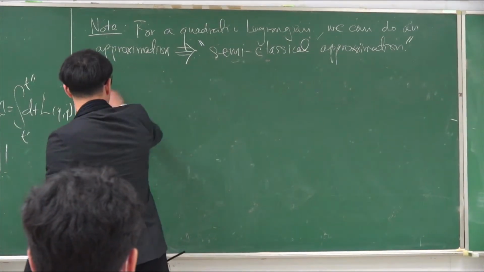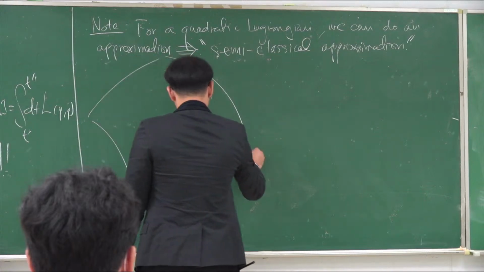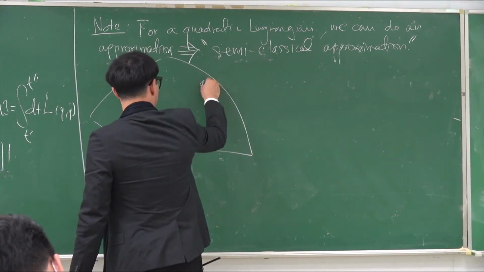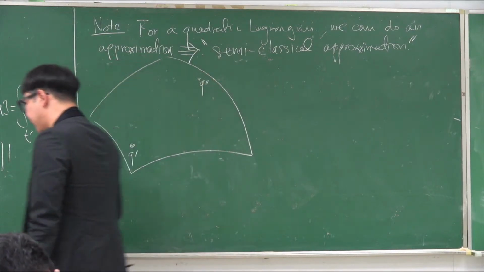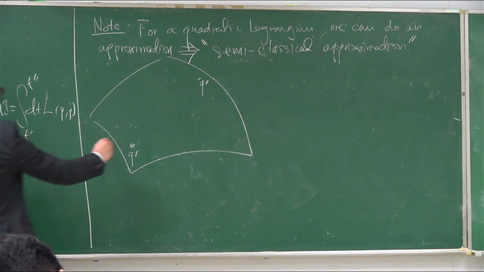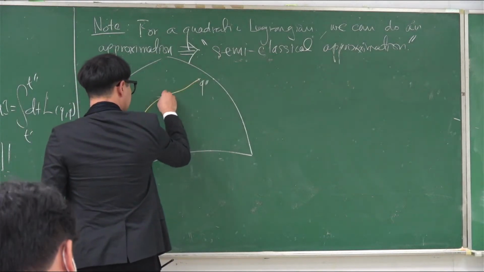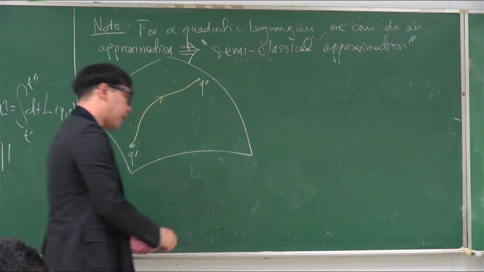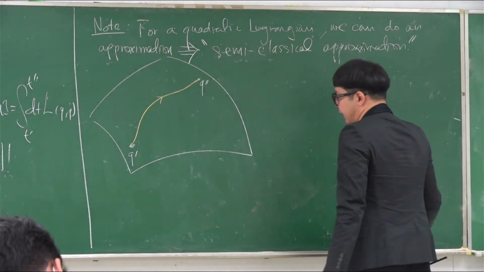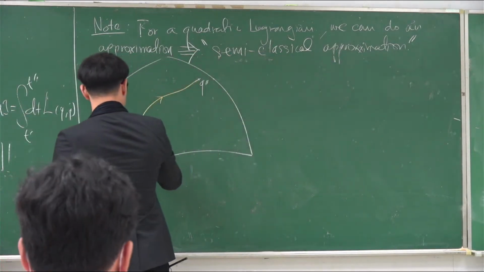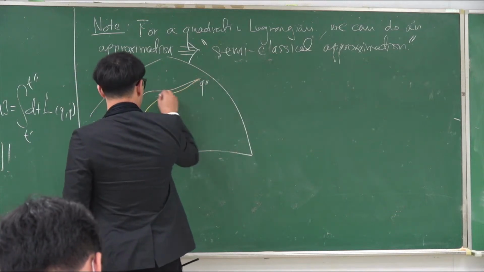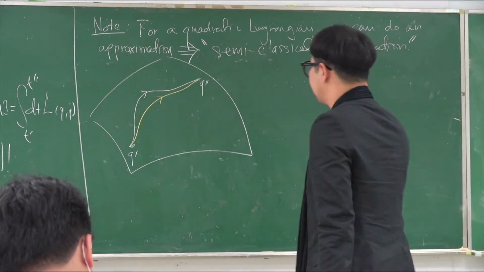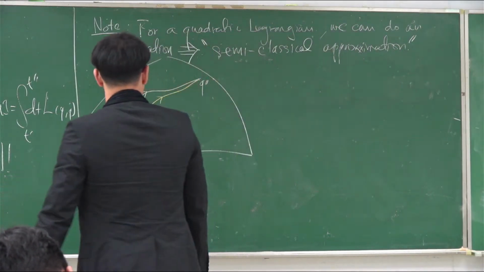So again, suppose we have this as a classical path, and we also have another path that is very close to this classical path.